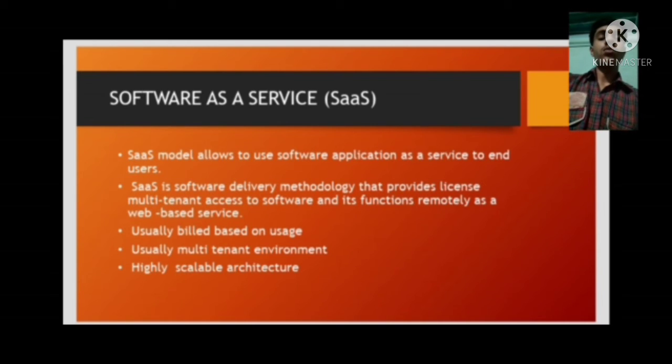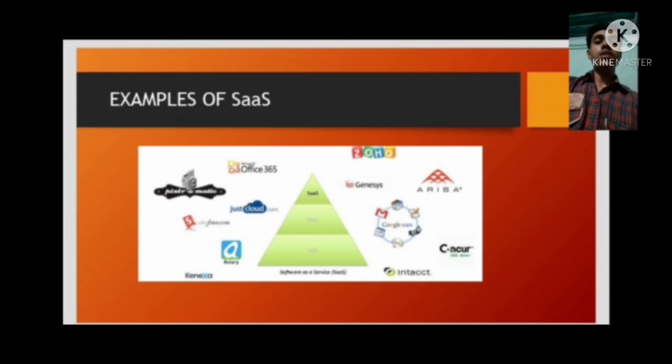SaaS is a software delivery methodology that provides licensed multi-tenant access to software and its functions remotely as a web-based service, usually billed based on usage, usually a multi-tenant environment with a highly scalable architecture. There are some examples of SaaS.